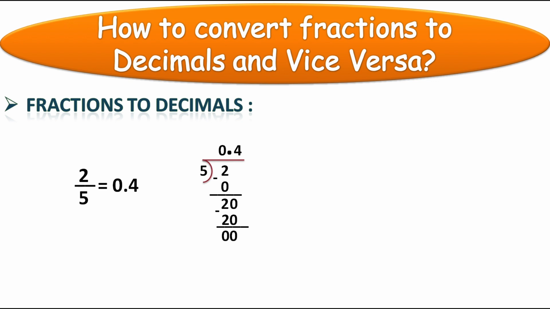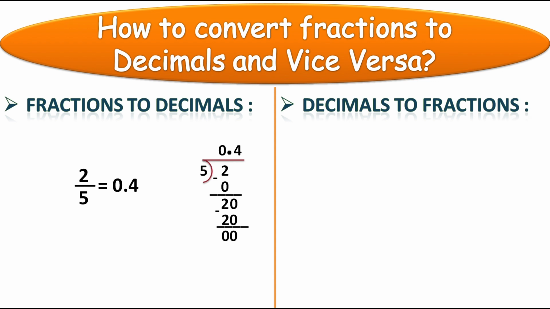Understood? Now I'll tell you how to convert decimals to fractions. I am taking the example 34.76. How to write it as a fraction? It's very easy. Just write this number but don't write the decimal point.